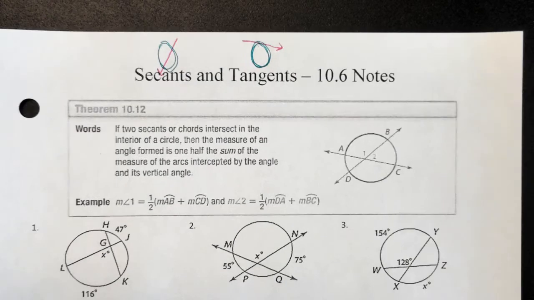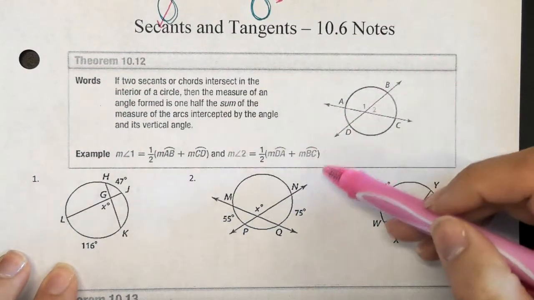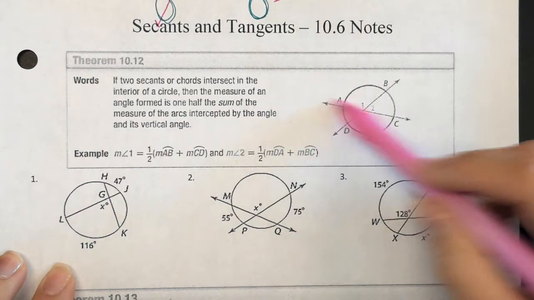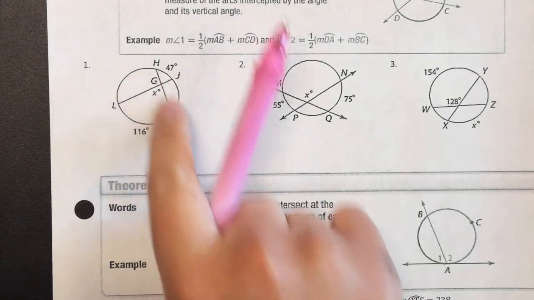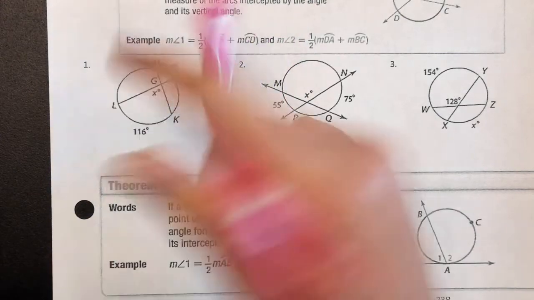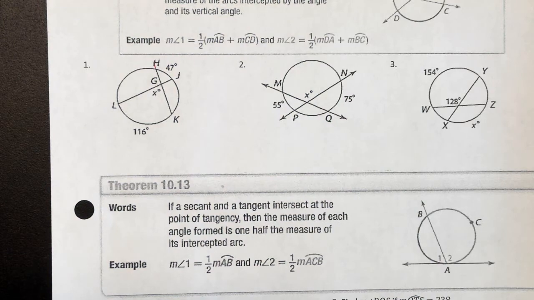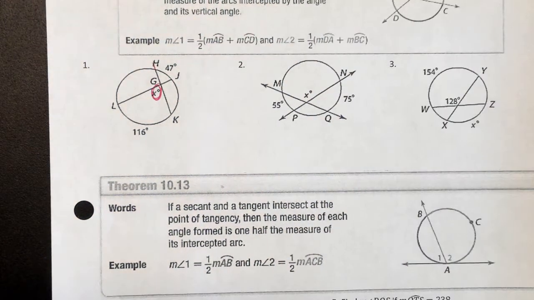Alright, so here's our first scenario. What kind of lines do we have here? There's two. What kind are they? Secant. There's two secant lines. Here's two chords technically, but if you finish the line out, then it would be secant. Our problem is we want to find this inside angle. Here's the quote-unquote formula for this.